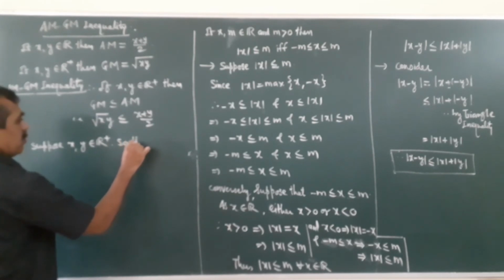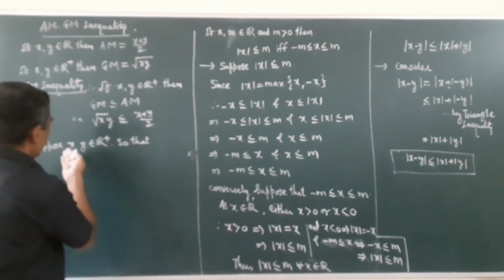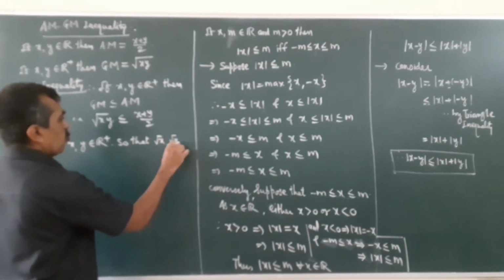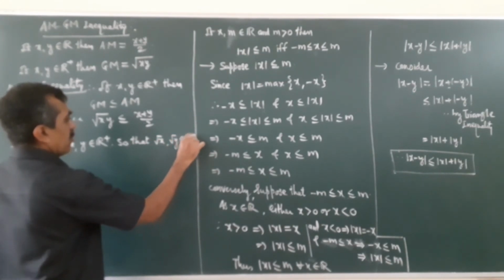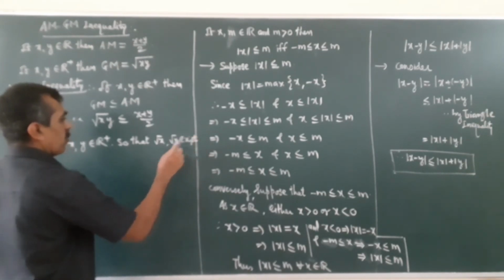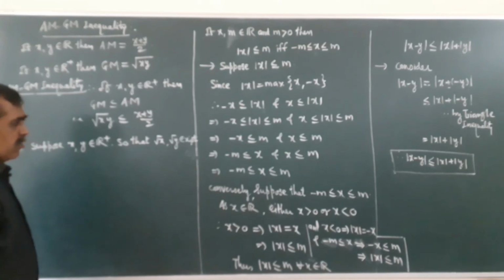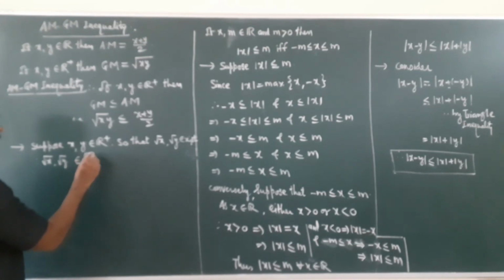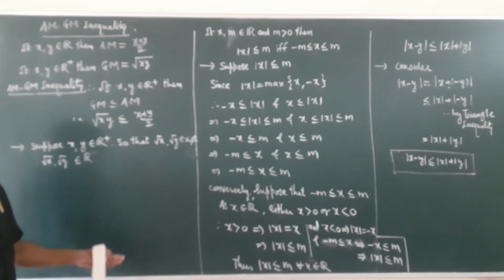As both of them are positive, root x and root y exist, because their square roots exist. So root x and root y are any two real numbers.